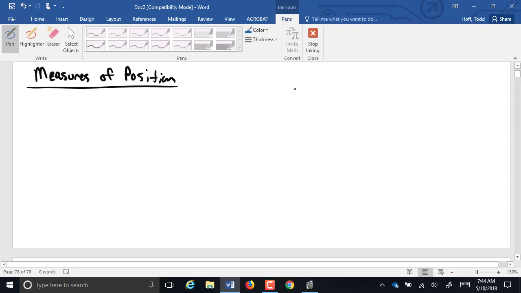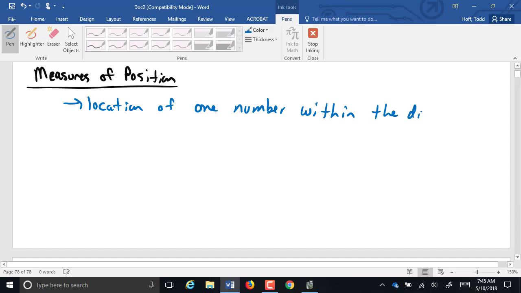Measures of position describe the location of one number within the distribution. The main one we're going to talk about is percentiles.